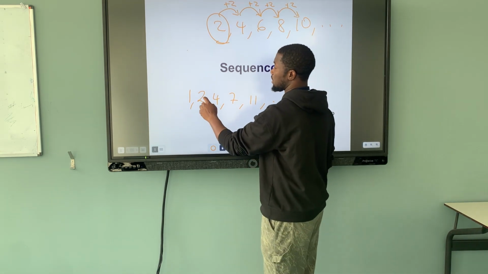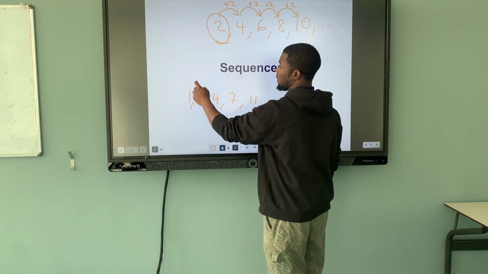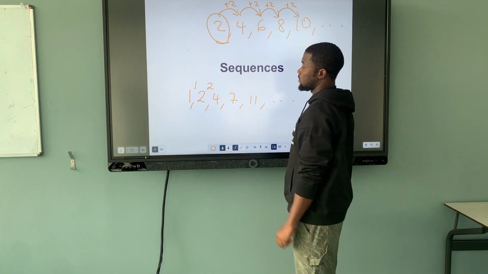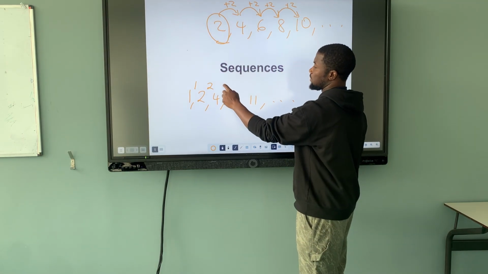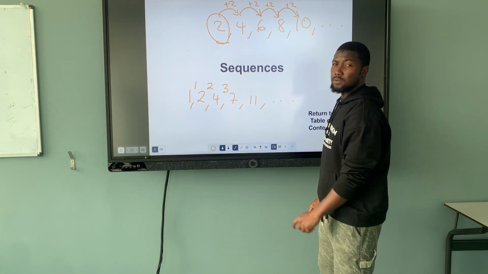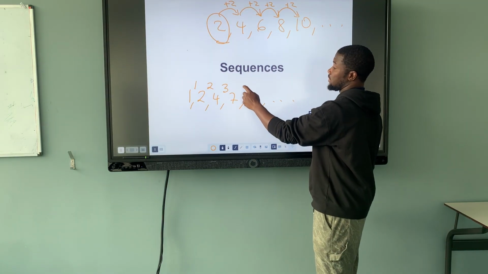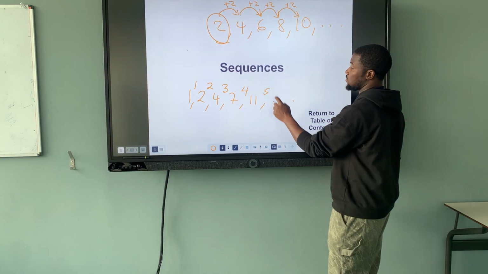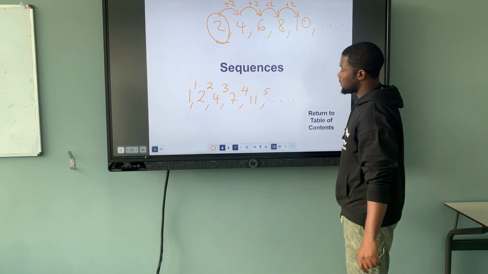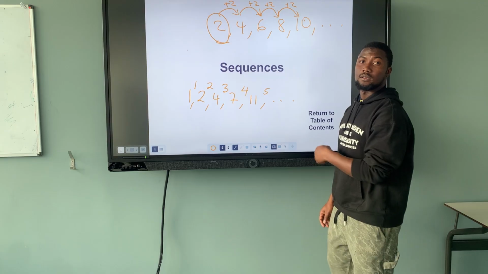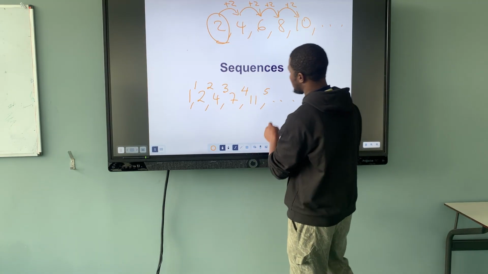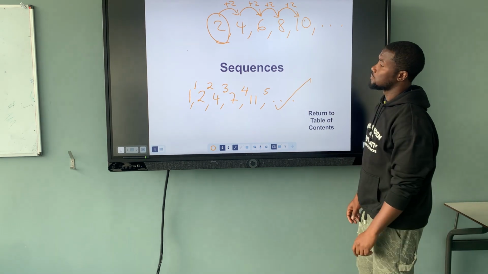Between 1 and 2, you have a difference of 1. Between 2 and 4, a difference of 2. Between 4 and 7, a difference of 3. Between 7 and 11, a difference of 4. So this will continue. The next difference should be 5. If you add 5 to 11, that should give you 16. So the next difference is 6. Because there is a rule that is connecting them, this is also a sequence.